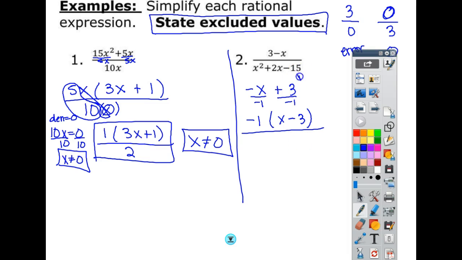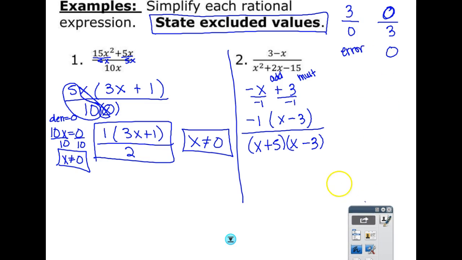So in the denominator, what multiplies to negative 15 and adds to 2? 5 and 3. What kind of a 5 and what kind of a 3? A positive 5 and a negative 3. Now, before we start canceling out, because if you cancel out, it makes it hard to see, kind of like I did over here. We need to decide what x cannot be.